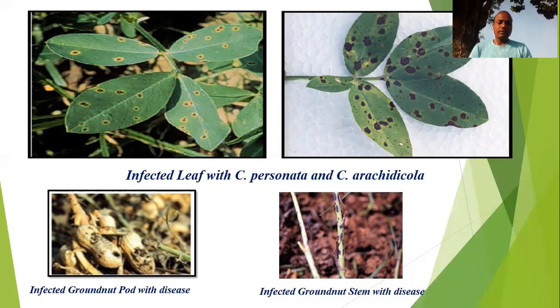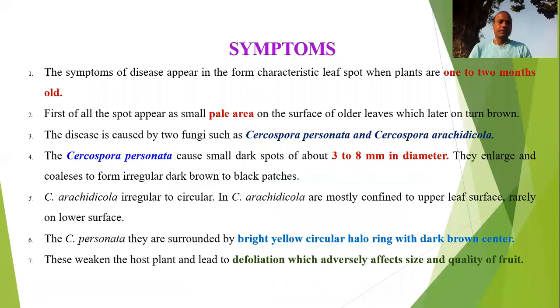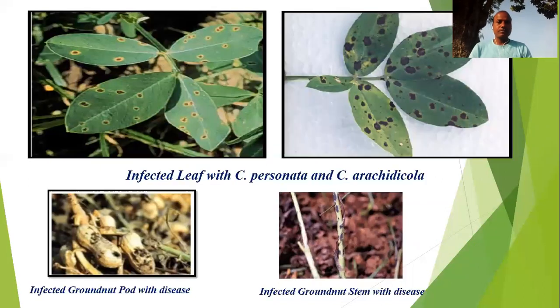Look at the first figure, students. Firstly, the symptoms occur on the surface of the leaf. The first figure shows the Cercospora personata species, where spots are smaller in size, surrounded by a pale yellow color. In the second figure, the disease on the surface of the leaf produces irregular spots that are large in size.